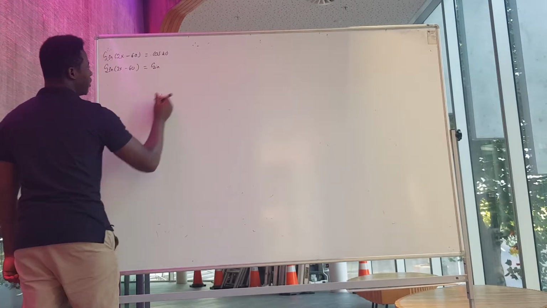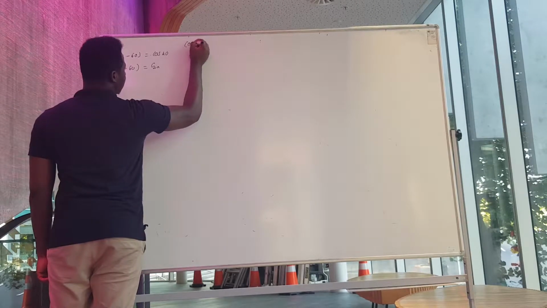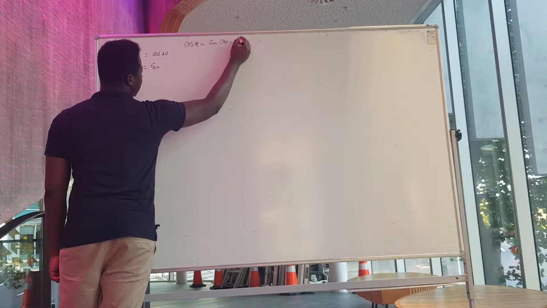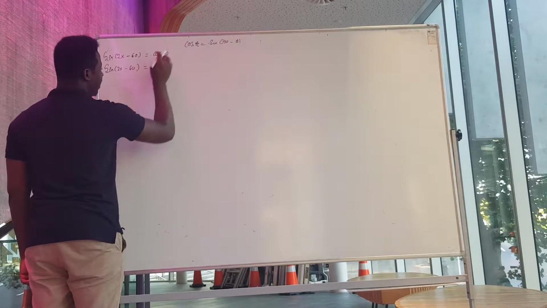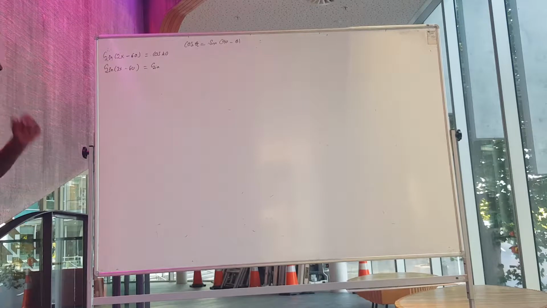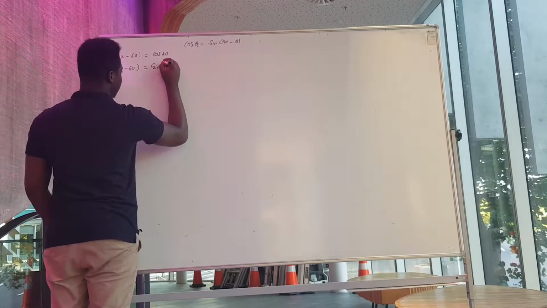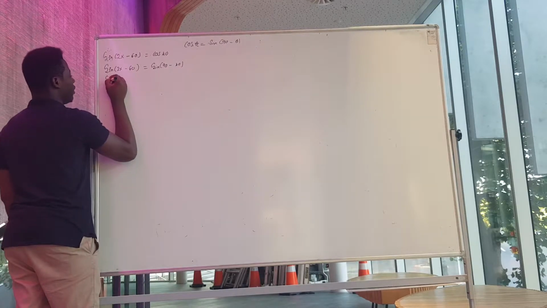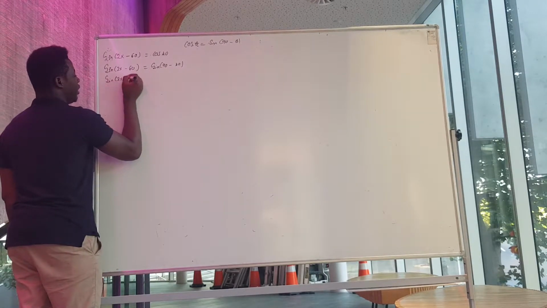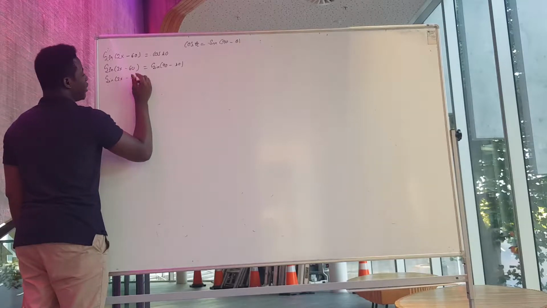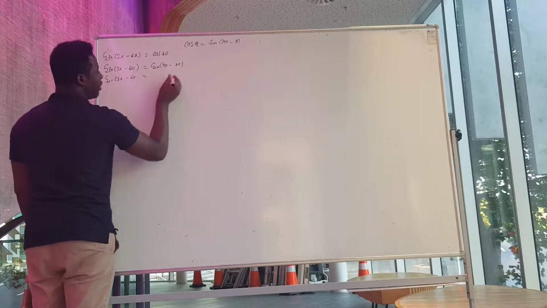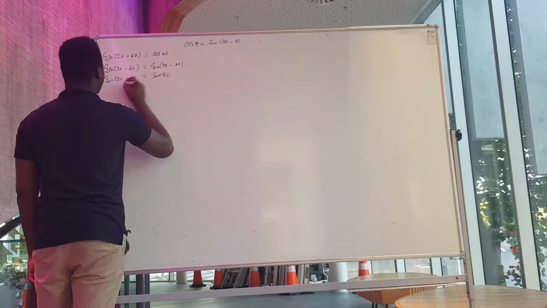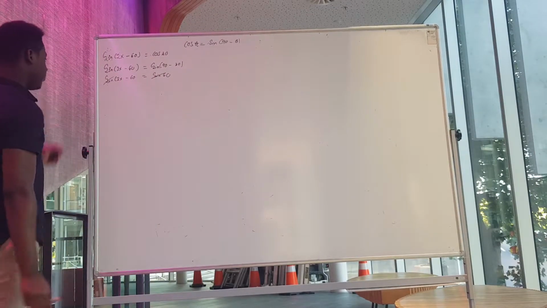That will be equal to sine of, let's see. I said before that cosine theta is equal to sine of 90 minus theta. So cosine 40, which is the angle there, is equal to sine of 90 minus 40. So we have sine 2x minus 60 is equal to sine 60. Cancel the functions.